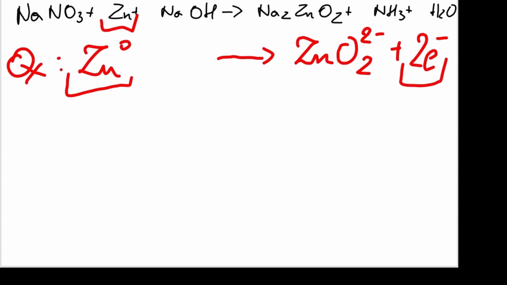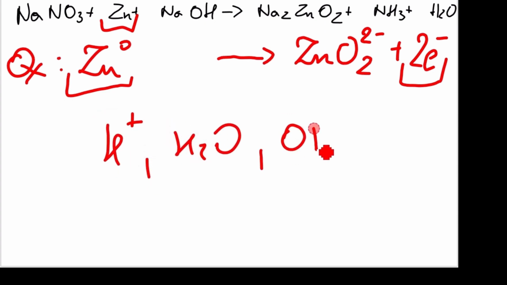reaction proceeds in electrolyte, in aqueous electrolyte solution. We can pick up one of the three particles: H plus, water particle, and hydroxide anions. You remember that we use only two of them.